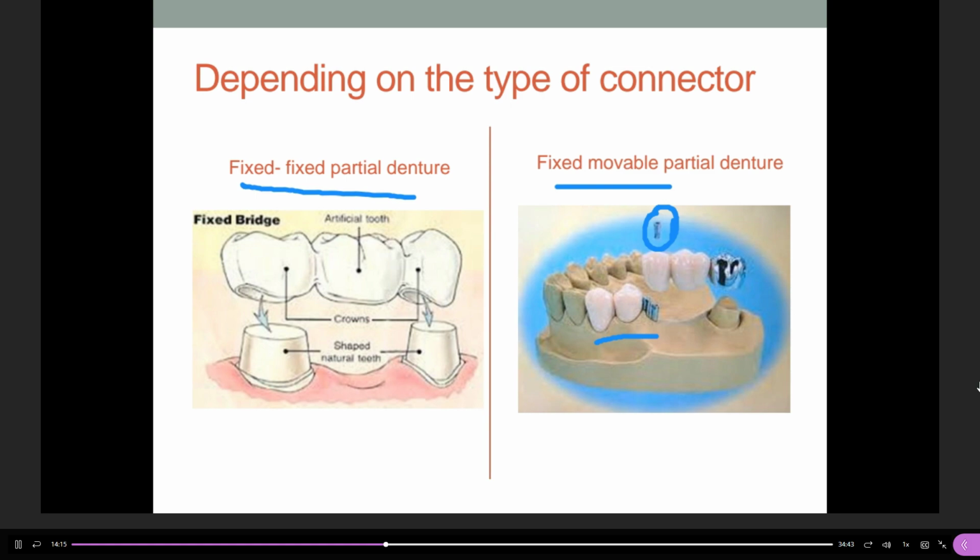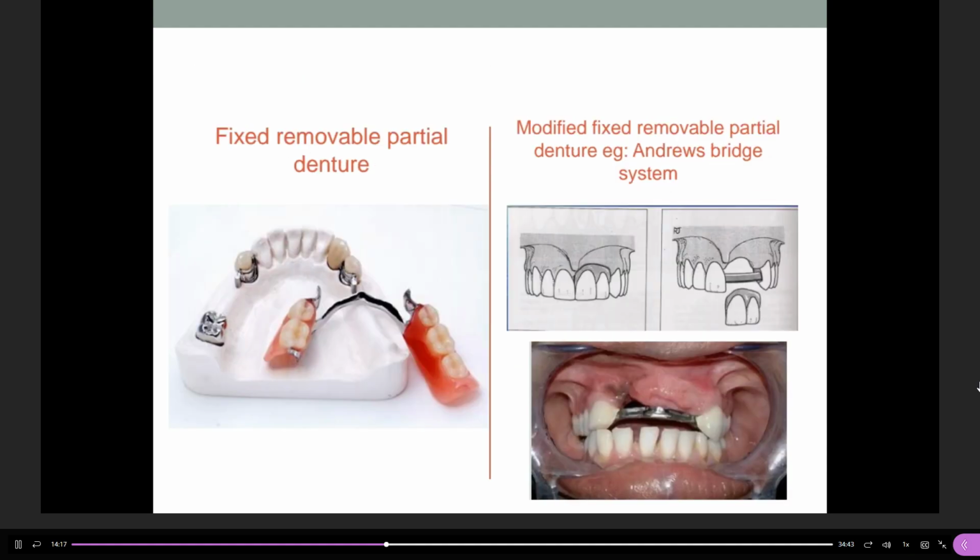Then there is a fixed removable partial denture. Where is it used? When there is some attachment retained partial denture, you have some fixed element and you have a removable element. So it's a fixed removable partial denture. And then there is a modified fixed removable, where there is a removable segment and a fixed segment with the help of a bar. Why do we use a modified fixed removable partial denture?